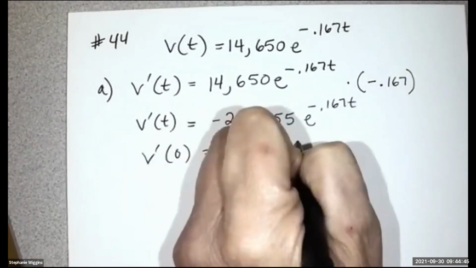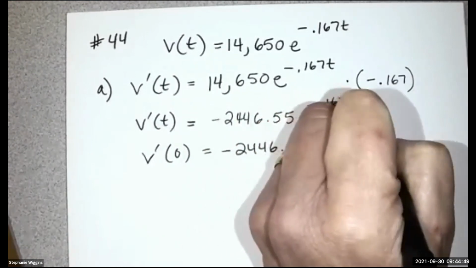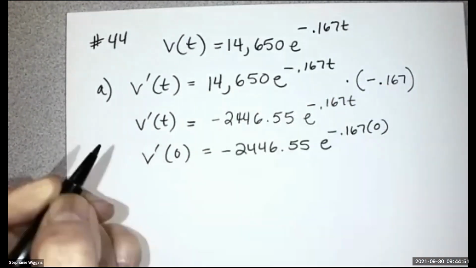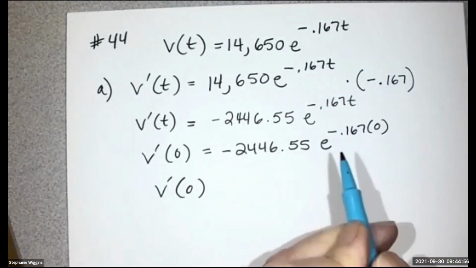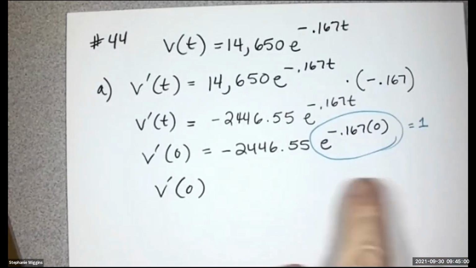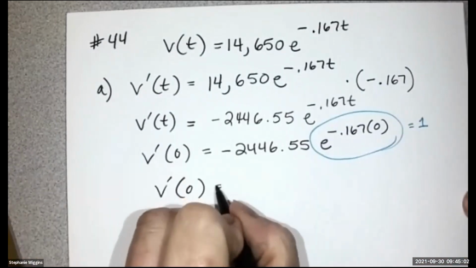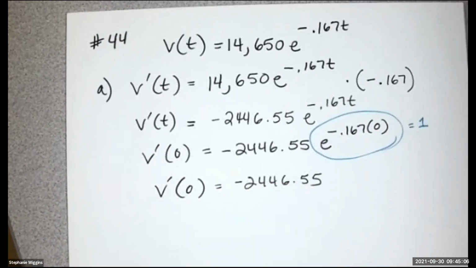I don't want to gloss over that in case you didn't catch that. I'm plugging in t equals 0, so I just get this piece right here is equal to 1. And so 1 times this number is going to be negative 2446.55. So that's how you do that problem.